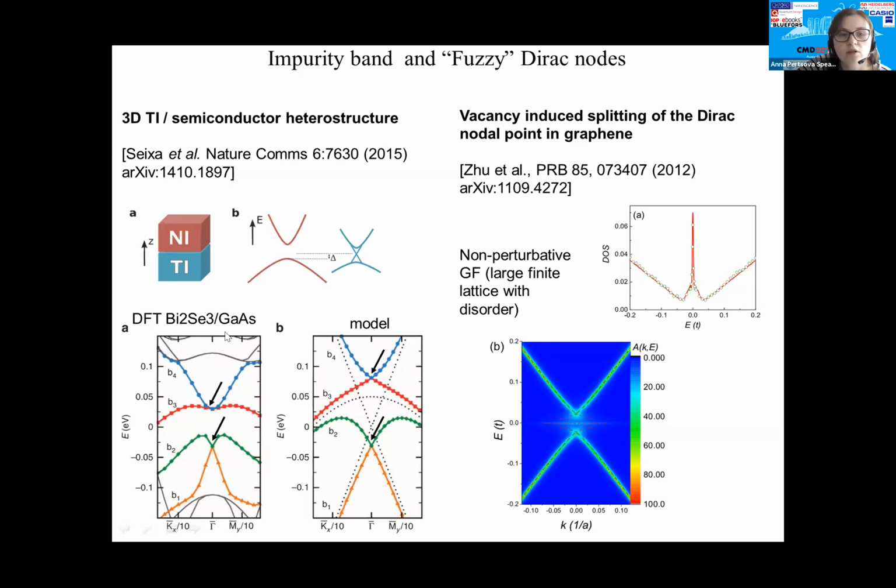It has been shown with model calculations and DFT calculations that the splitting of the Dirac node can be induced when the bands are aligned in such a way that the extra band is exactly at the original Dirac node. Something similar was also seen in non-perturbative Green's function-based calculations for vacancies in graphene. These calculations show the splitting of the Dirac node and a flat band emerging at the same energy.